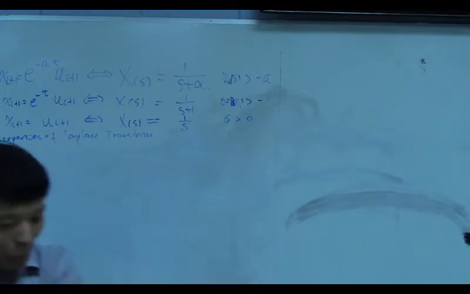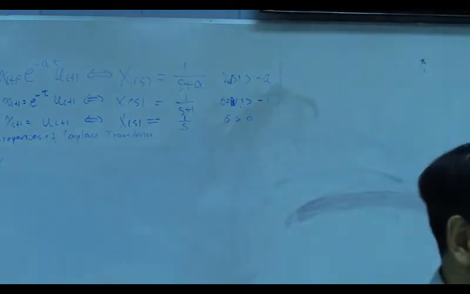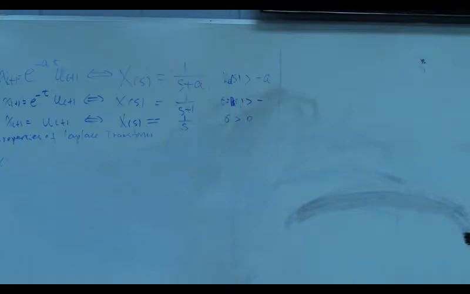What's the first property? Linearity. What's the second one? Time shift. Time delay, time advance. Okay, time shift. What's the third one? Time scaling.